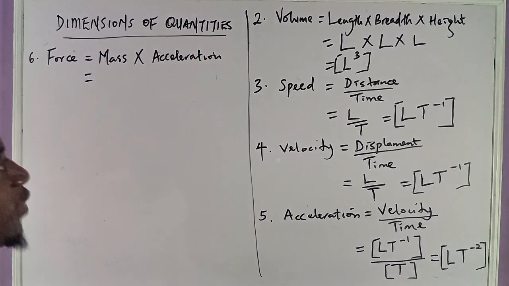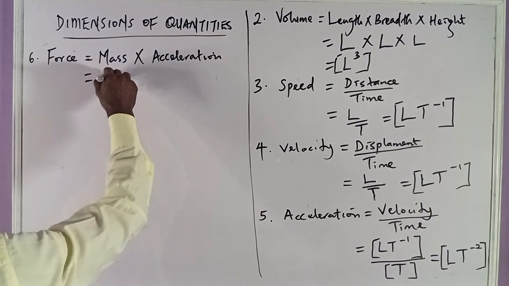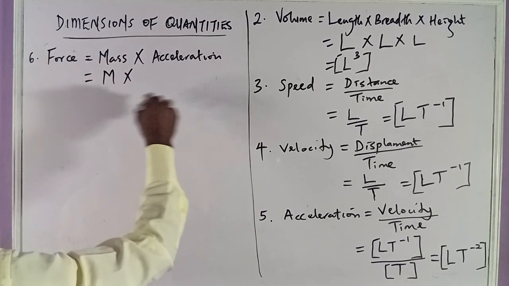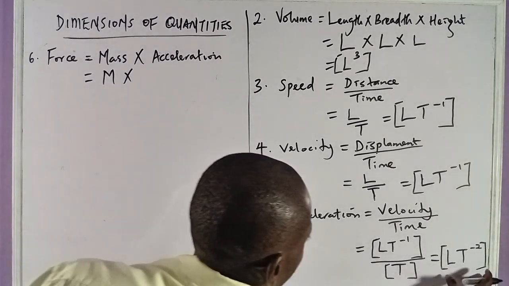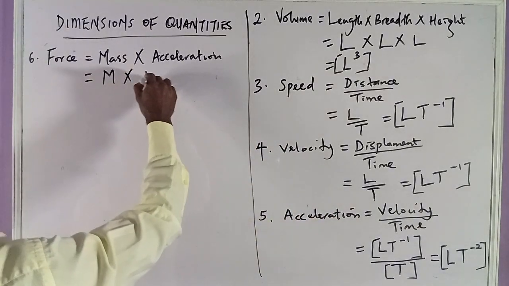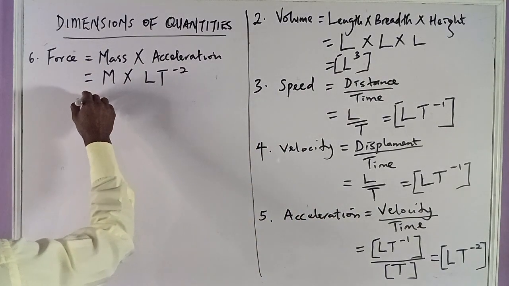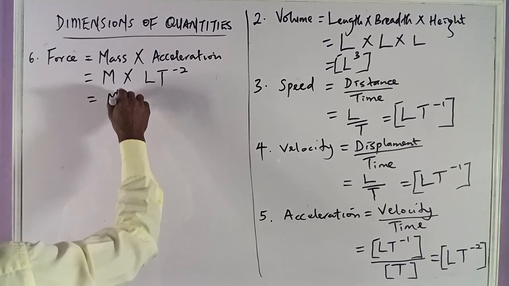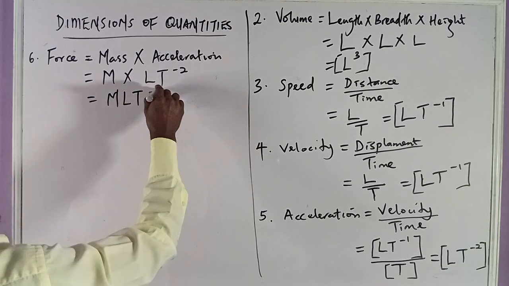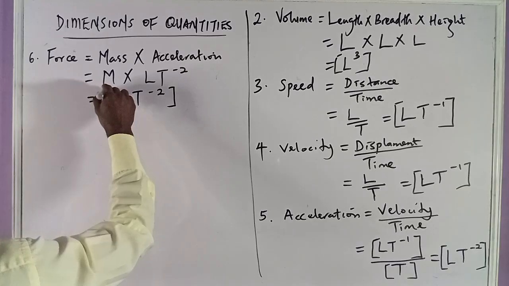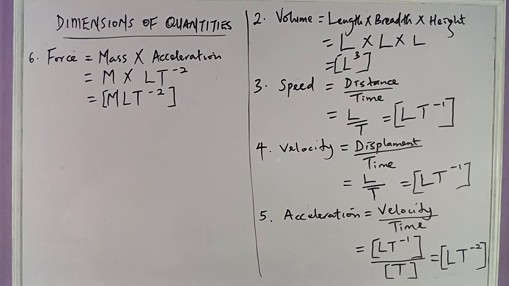That is the dimension of mass, capital letter M, multiplied by the dimension of acceleration, which we have gotten here already, length over time squared. We're supposed to multiply everything together to give us M L T minus 2. And we are done finding the dimension for force.